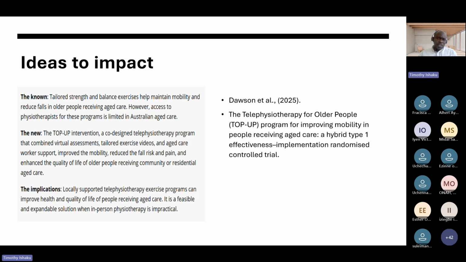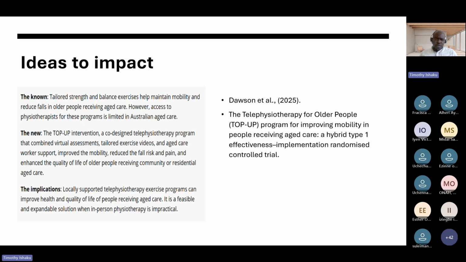The innovation, they call it the top-up intervention, which is co-designed. By co-design, they sat down with those participants and figured out how they would do it. It includes a virtual assessment, which may not be applicable in our settings because internet might be a barrier, but in developed countries it is probably a luxury that they can afford.